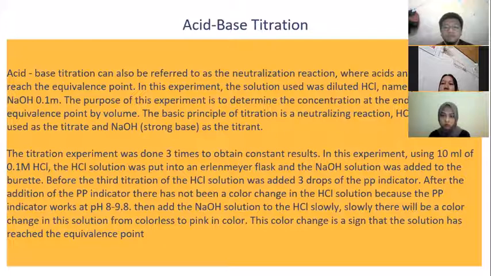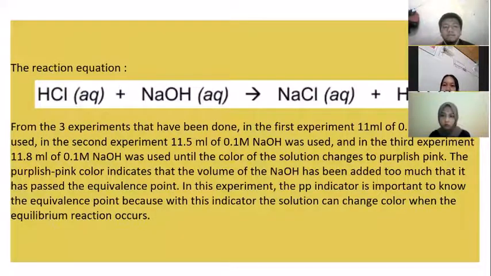Slowly there will be a color change in this solution from colorless to pink or purplish pink. This color change is a sign that the solution has reached the equivalence point. The reaction equation is hydrogen chloride reacted with natrium hydroxide to produce natrium chloride and water.